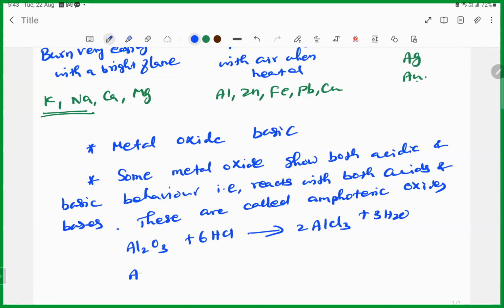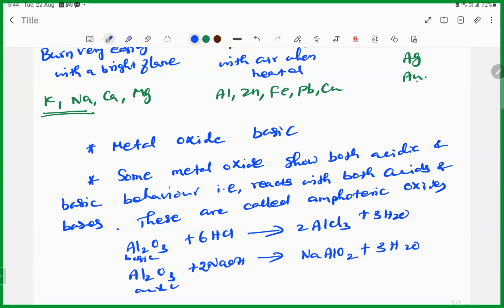When aluminum oxide reacts with sodium hydroxide, it gives NaAlO2 plus H2O. Look here: in the first case it reacts with HCl, so it behaves as basic. In the second case it reacts with base, so it behaves as acidic.